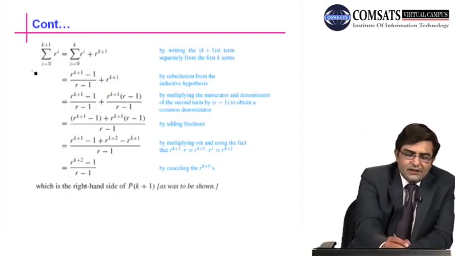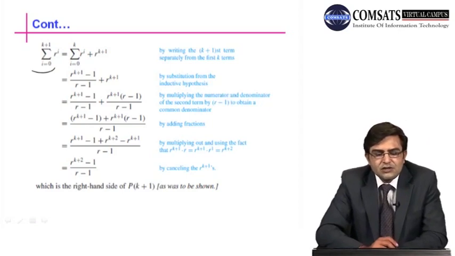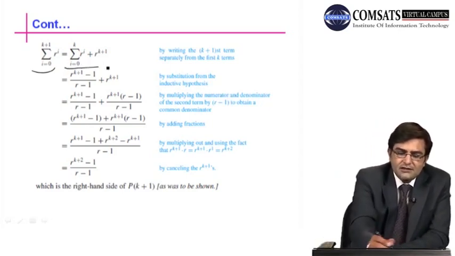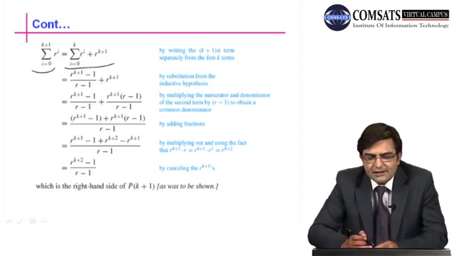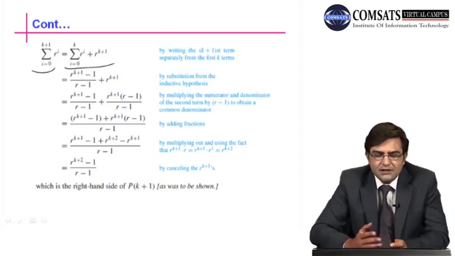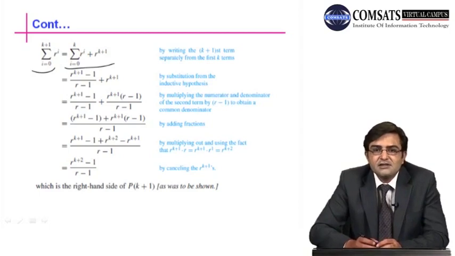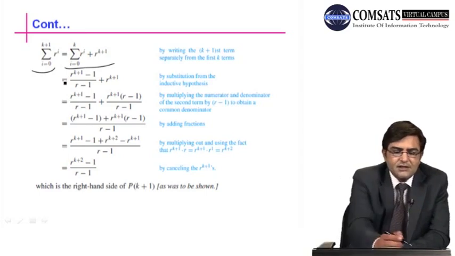So we suppose the left hand side, the sum from i equal to 0 to k plus 1 of r to the power i. This can be written as this. We have discussed that sums can be written in sequence and summation notations. Here basically this is i from 0 to k plus 1.